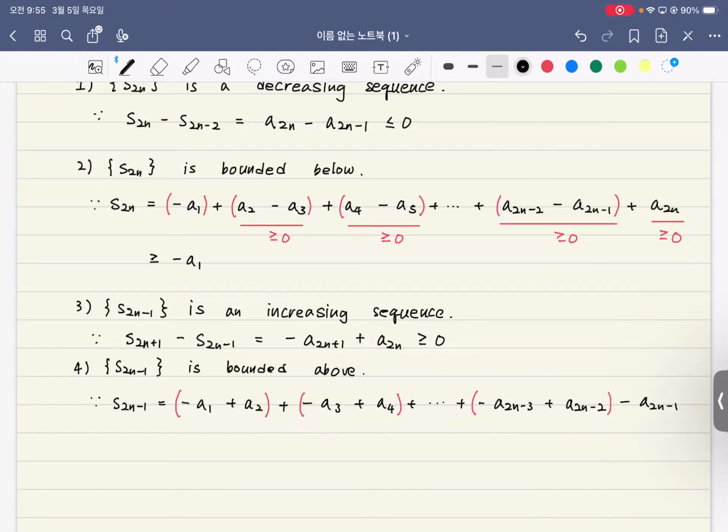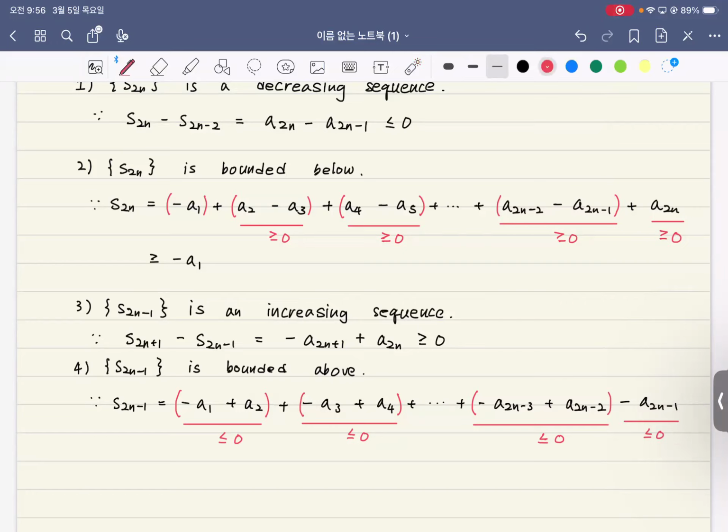Okay, so this first parenthesis, remember, AN is also a decreasing sequence, so this is non-positive, this is also non-positive, and this is also non-positive. And this last one, along with this negative sign, they are all non-positive numbers, right?